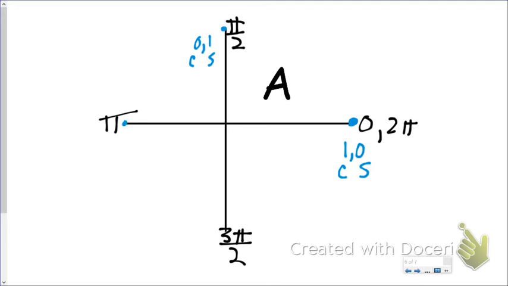Over at pi, those coordinates are (-1, 0), cosine, sine. And then down to 3 pi over 2, that's (0, -1), again cosine, sine. And if we ever want to get tangent, remember, tangent is our y divided by our x.